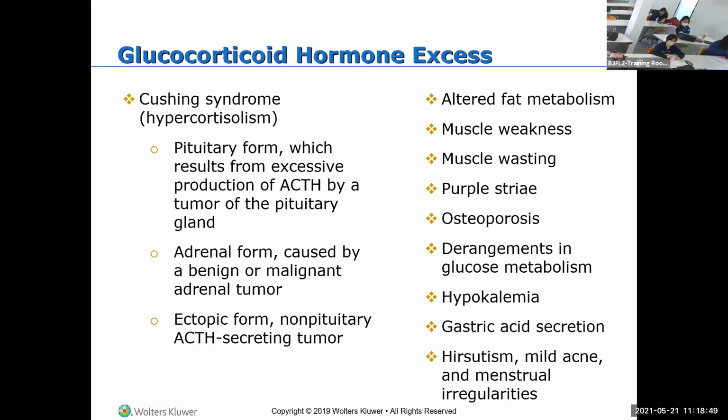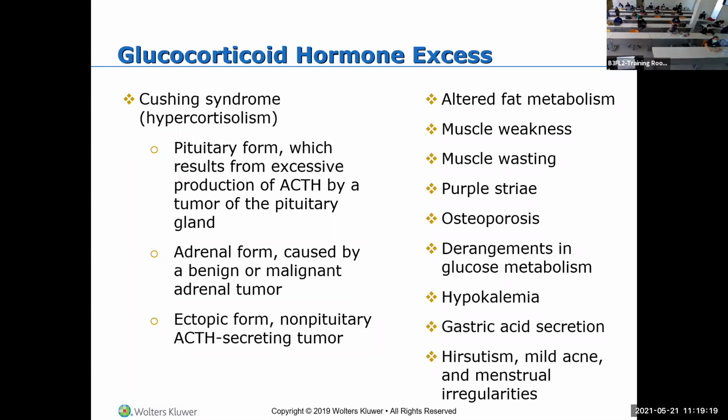Please remember, excessive secretion of cortisol is the condition called Cushing syndrome. It is due to increased production or secretion of cortisol. Maybe pituitary, maybe adrenal, maybe ectopic.